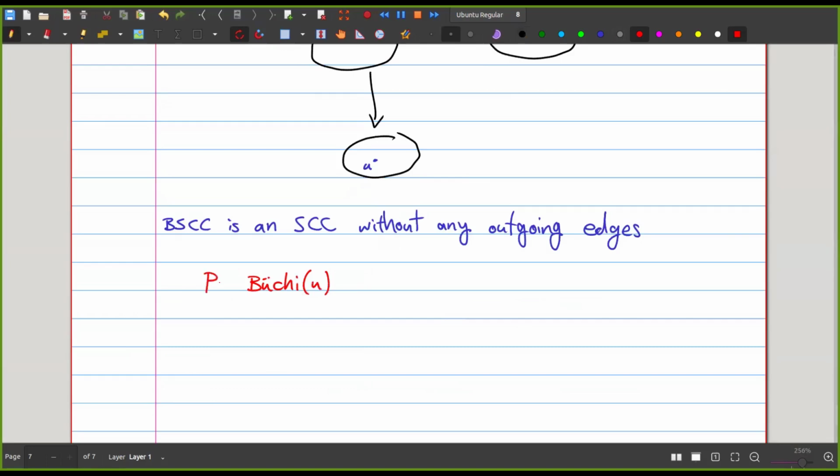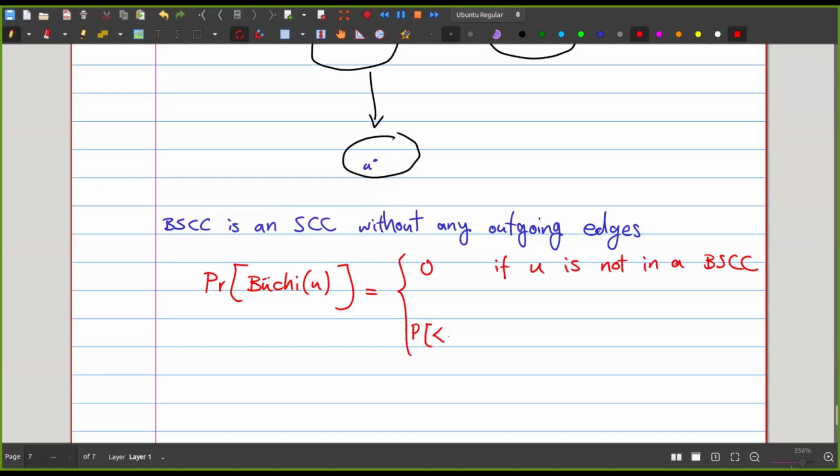So the probability of Büchi of U is going to be 0 if U is not in a bottom strongly connected component. And it's going to be the same as the probability of reaching the bottom strongly connected component, let's actually call it T, if U is in T and T is a bottom strongly connected component.